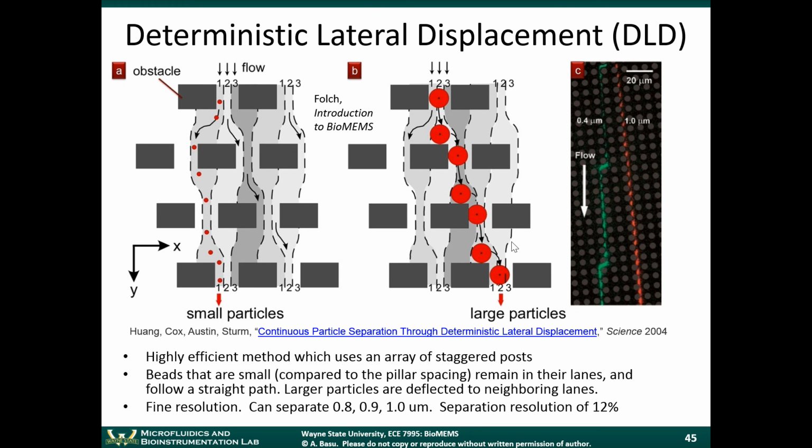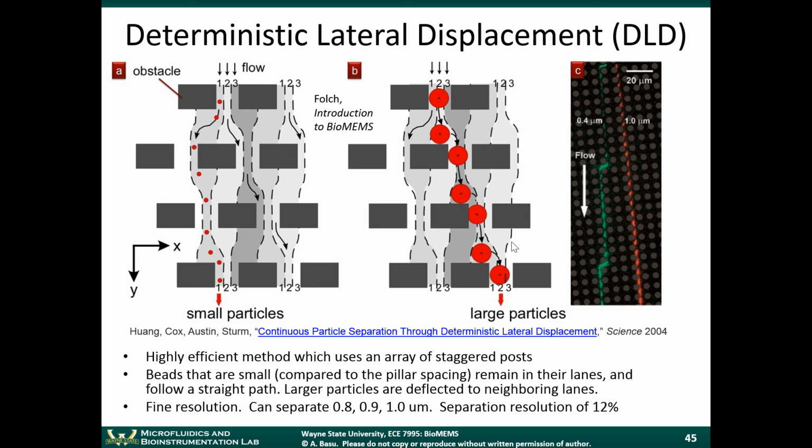This method is actually more efficient than pinched flow fractionation. But in some ways, the concept is still very similar. Particles are being pushed up against a wall, and then the separation and flow streamlines are causing particles to go in one direction or another based on their size. But check out this paper. I like it. It's a good read.